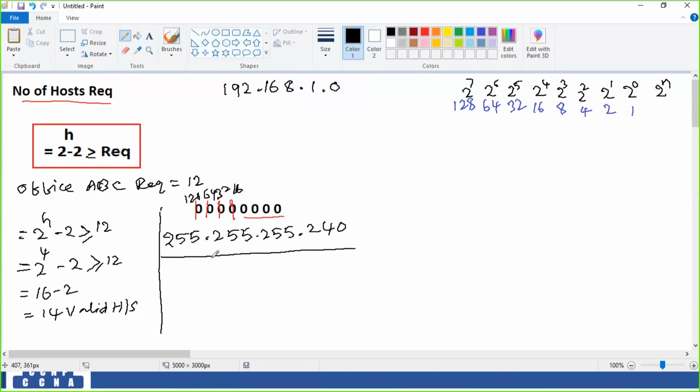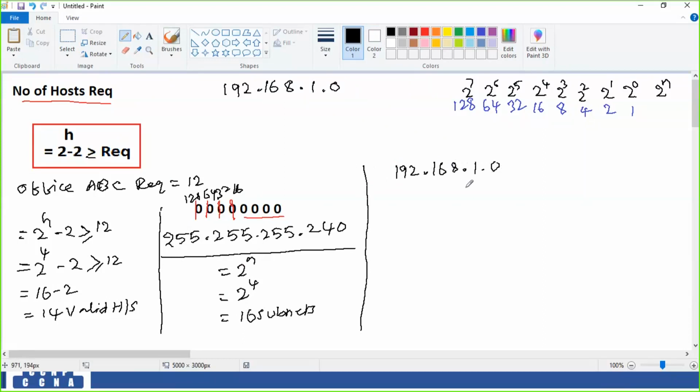Next step, how many subnets? It is 2 power n, meaning how many network bits are converted? 4. So 2 power 4 is 16 subnets. Network ID, broadcast ID. That is the magic number, which is 16.